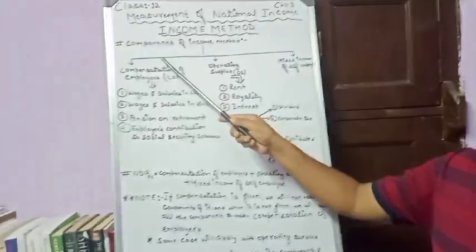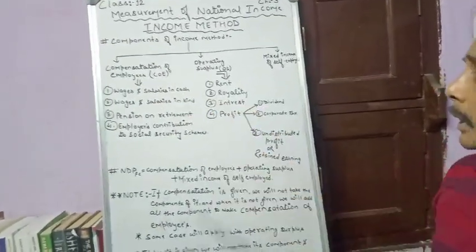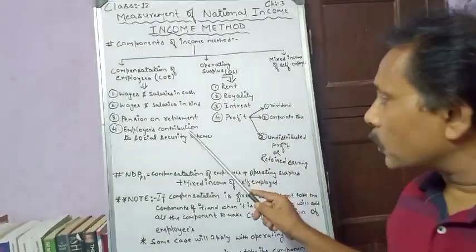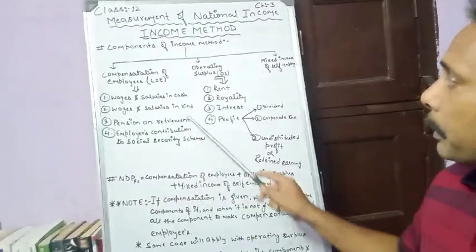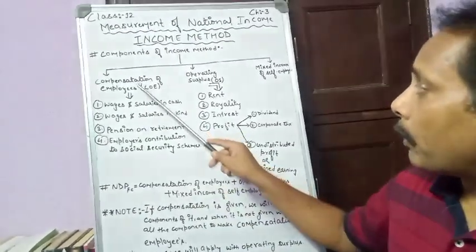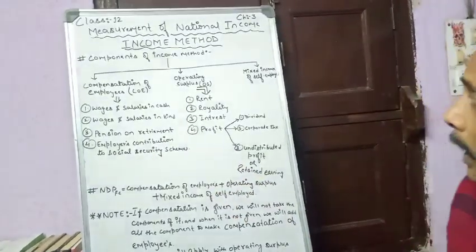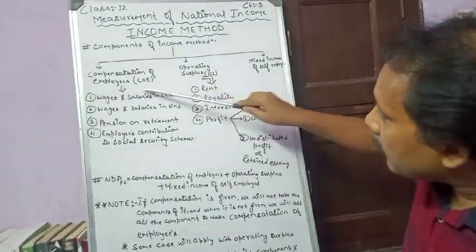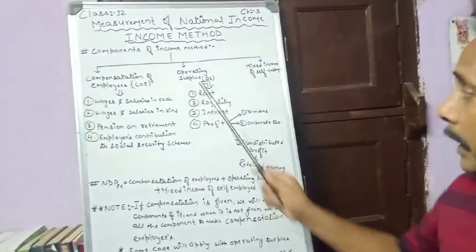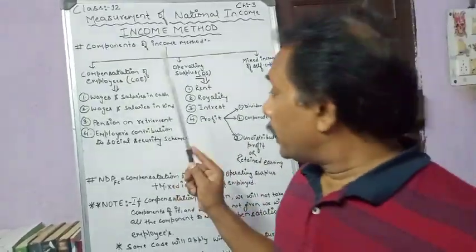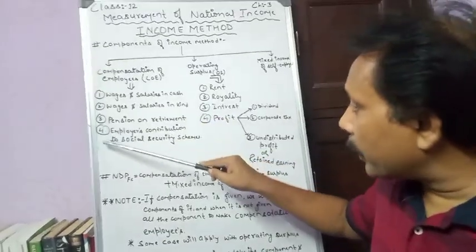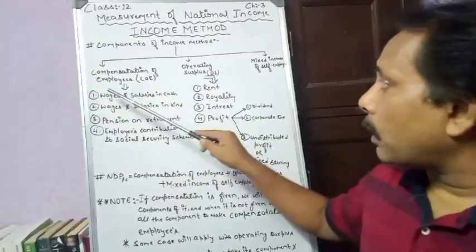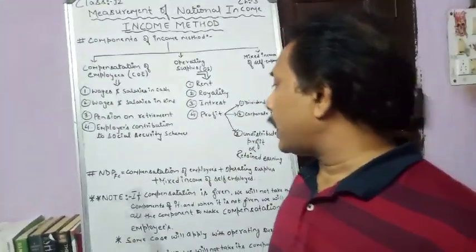If the compensation of employees is given, we will not touch the employer's contribution to social security scheme, because it is part of compensation of employees. If the compensation of employees is not given, in that case we will make the compensation of employees by adding all four components.